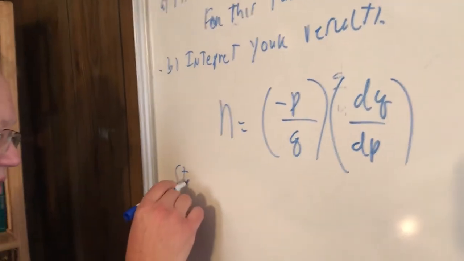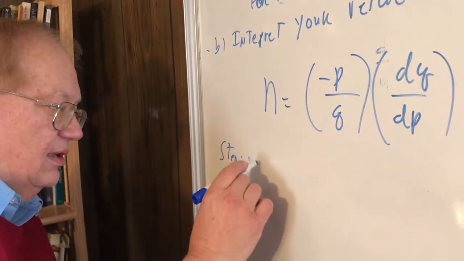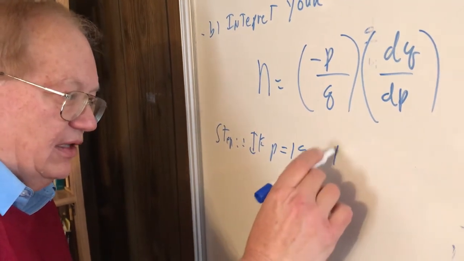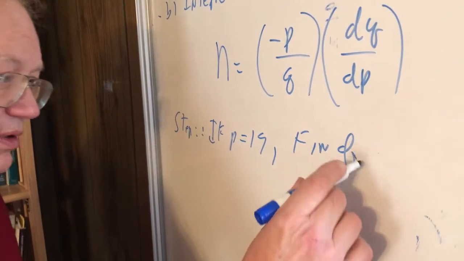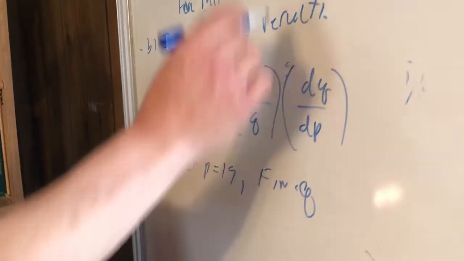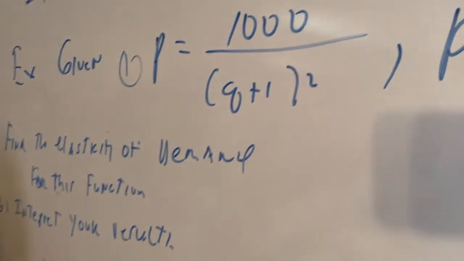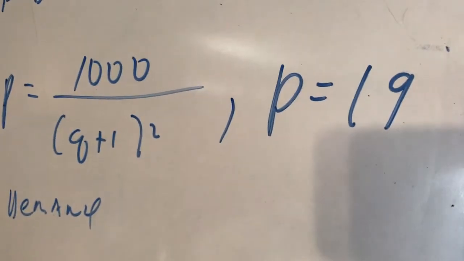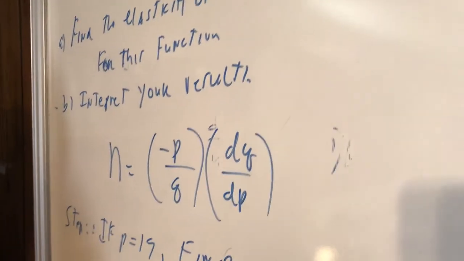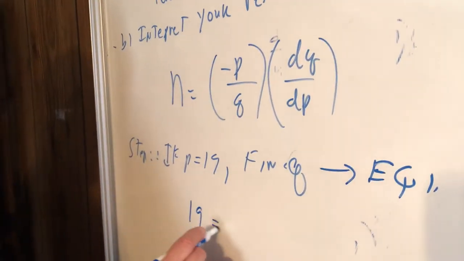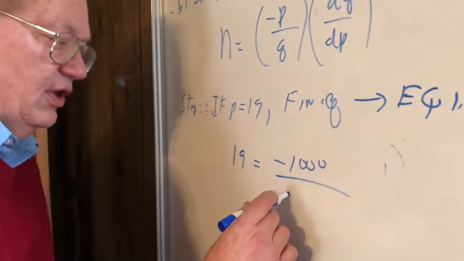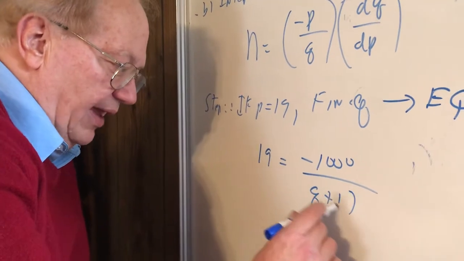Step 1, if P equals 19, find Q. Well, we find Q by going back to the original problem, equation 1. So P is given as 19. This is given as 1,000. And this is given as (Q plus 1) squared.